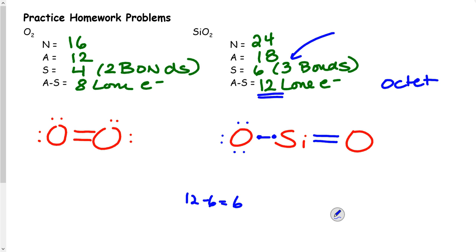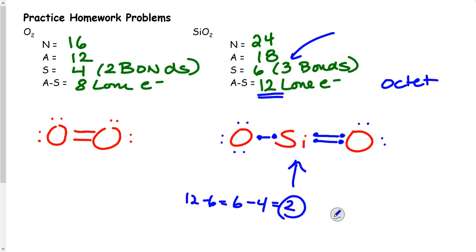So if we look at our oxygen on the right, it has 1, 2, 3, 4, 5, 6, 7, 8. So we just used 4 more. We have 2 lone electrons left over. So as we investigate, our silicon right now has 1, 2, 3, 4, 5, 6 electrons.